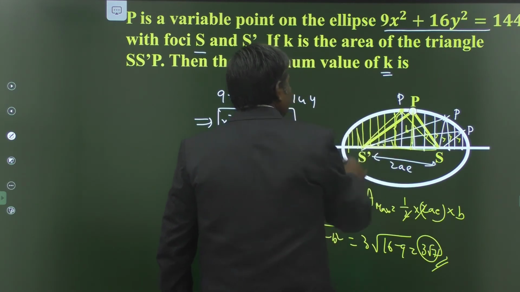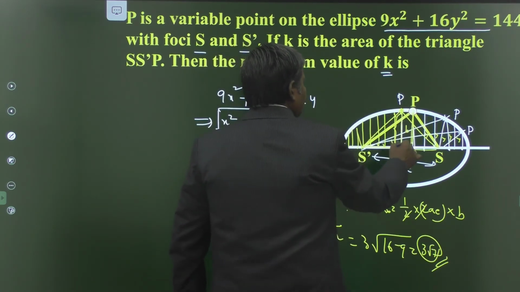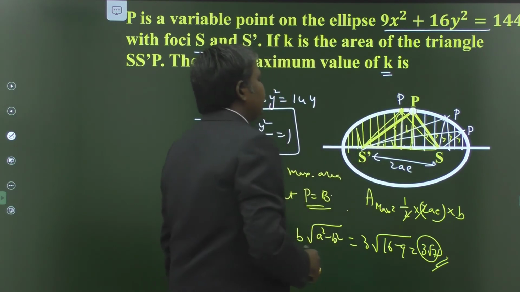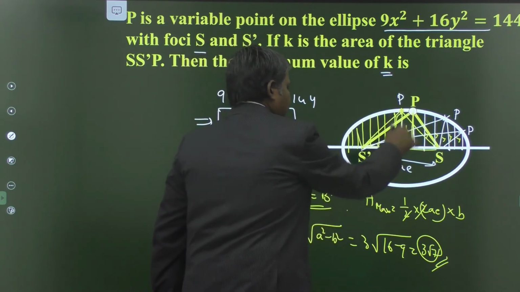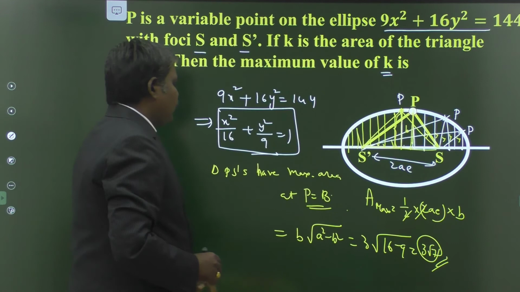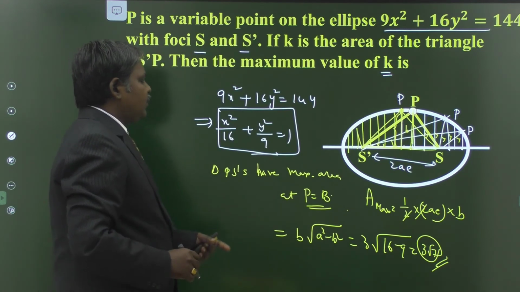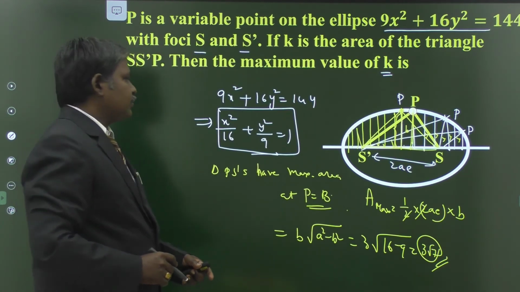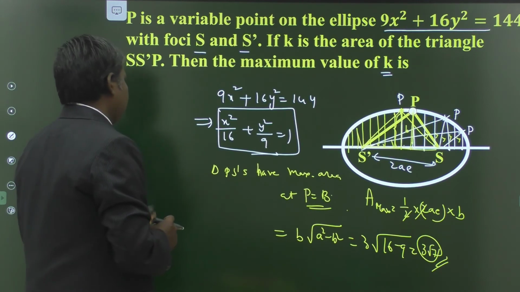These are all heights. The maximum height is obtained from here to here, that is b units. So what is the required area of the triangle? 3 root 7. Okay.